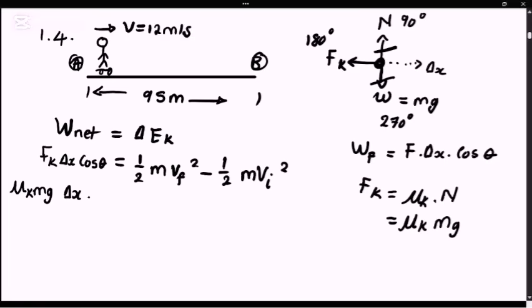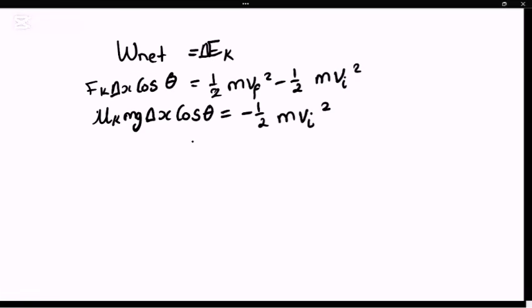So you will have Uk mg delta x cos theta. In the statement, they said the skater then came to a complete stop, which means our final velocity is equal to 0. With that information, our 1/2 m vf squared is equal to 0, meaning on the right side we will just have negative 1/2 m vi squared.